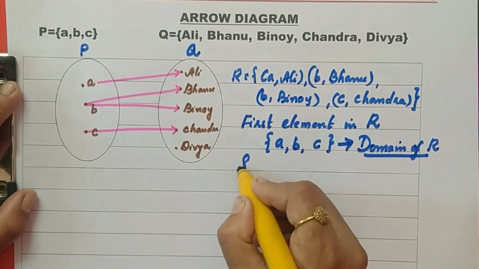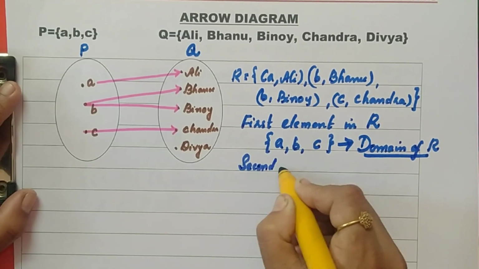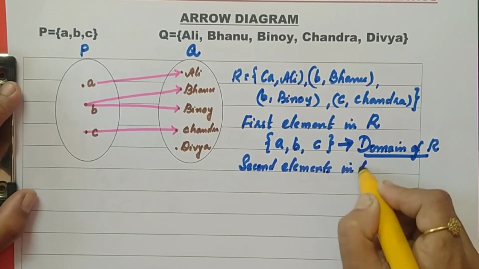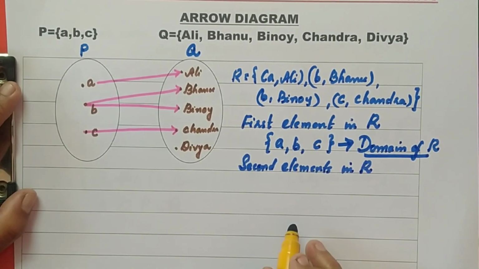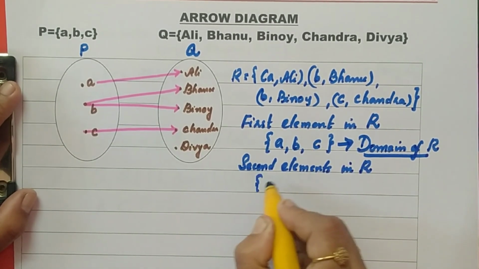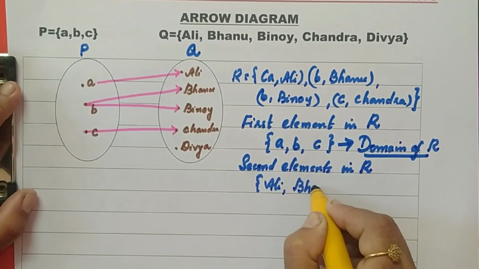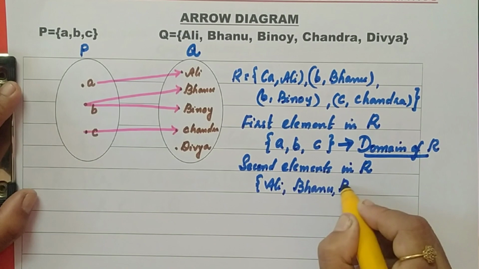Then I am going to write the second elements in the ordered pairs in the relation. Which are the second elements? Ali, Bhanu, Binoy and Chandra.